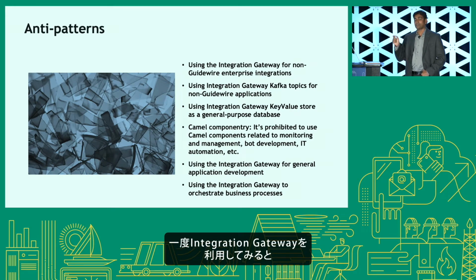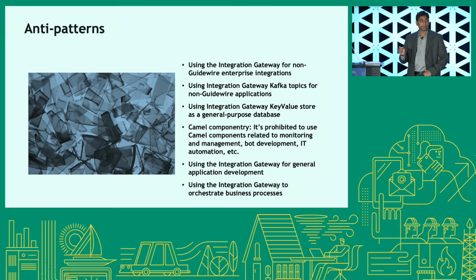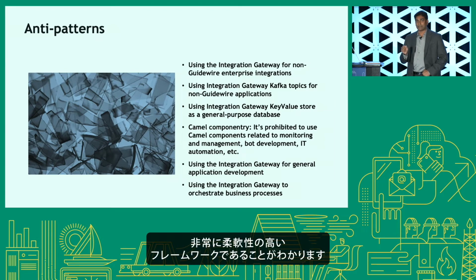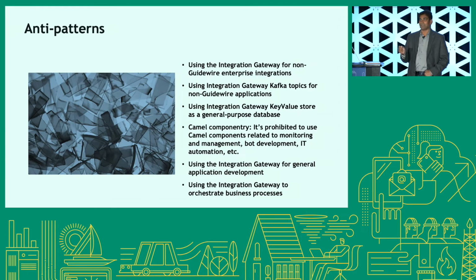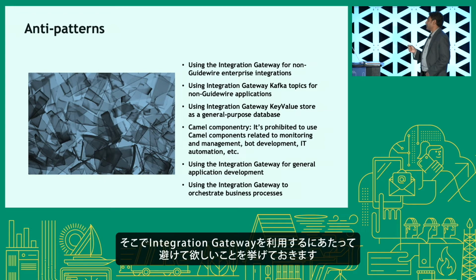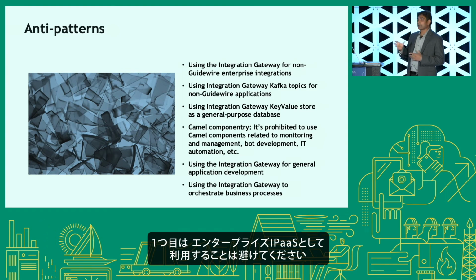Once you get hands-on with integration gateway, you'll see that it's a very flexible framework, right? And a curious developer could do anything with integration gateway, right? So this is really about what you should not be doing with it. One, do not use it as an enterprise iPaaS.